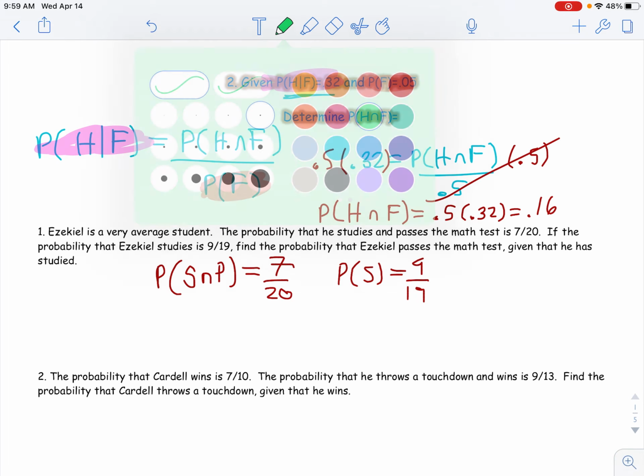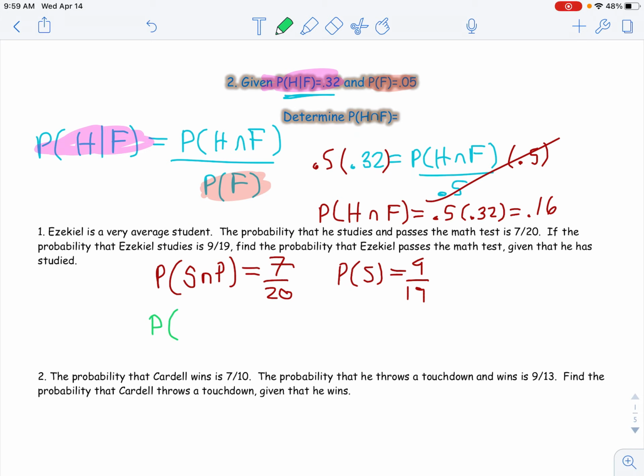All right, so what we need to determine is the probability that he passes given that he studies. Well, it's going to be the probability of the intersect over the probability that he studied. So this is when we run into a fraction over a fraction again. Hopefully we're not too scared.